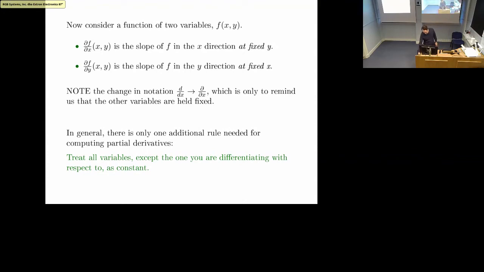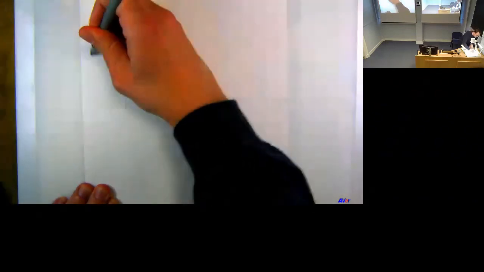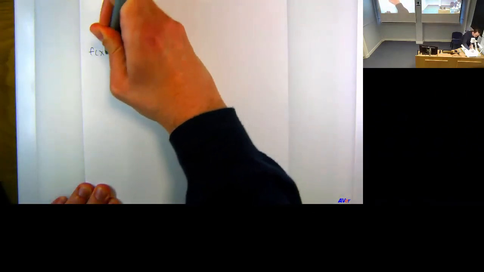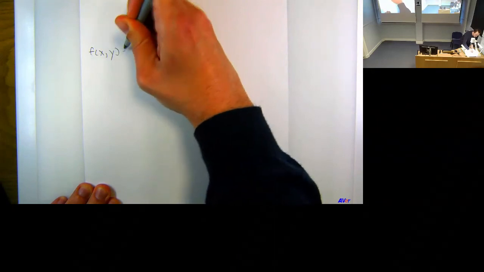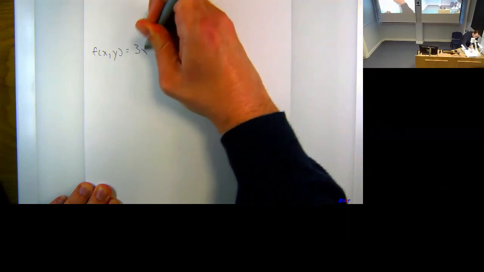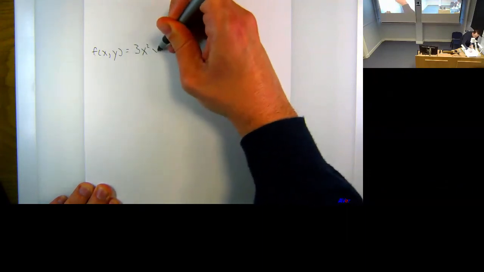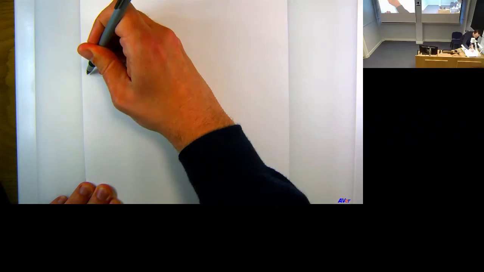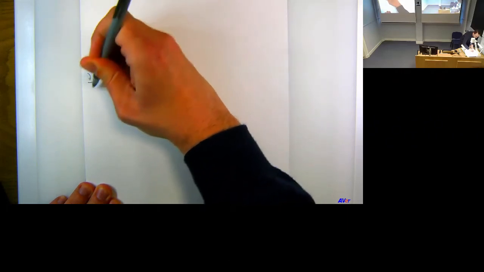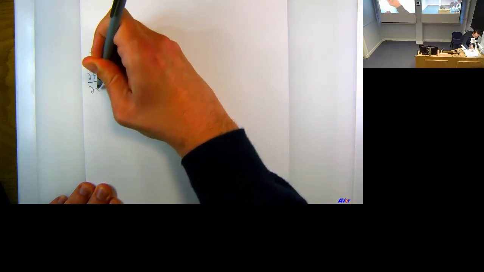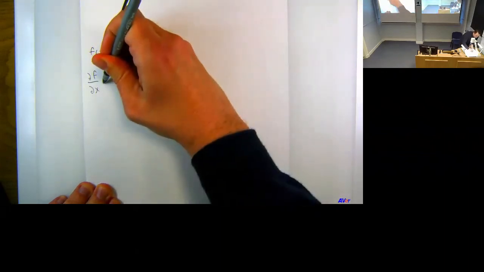So to show just exactly what I mean by this, I'd like to work a simple example. Let's consider the function f of x and y is equal to 3x squared times y. If I take the partial derivative with respect to x, I'm holding y fixed.